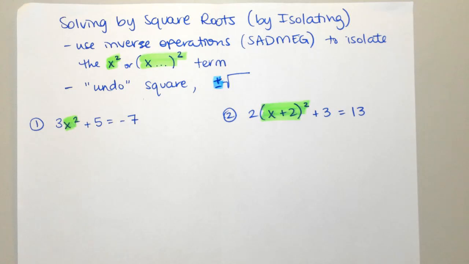But eventually we'll work on things that have an x squared. You're talking about how you do the positive and negative.